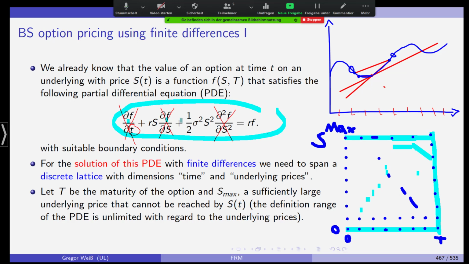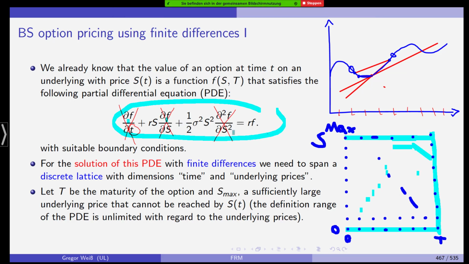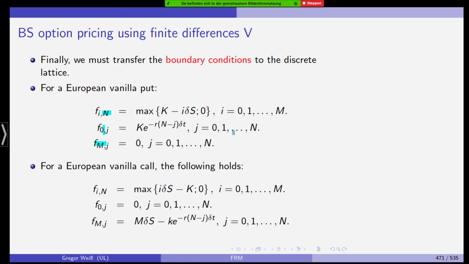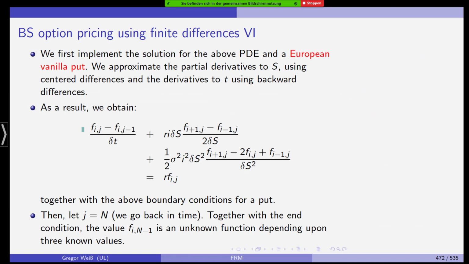Theta plus r S delta plus 1/2 volatility squared S squared gamma, and you can see this is exactly this. We substituted all these partial derivatives using centered and backward differences. And we also have the boundary conditions.